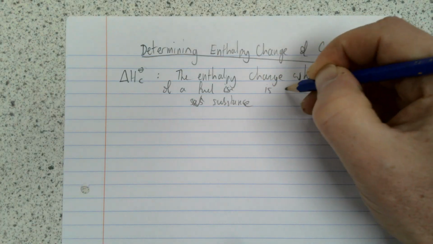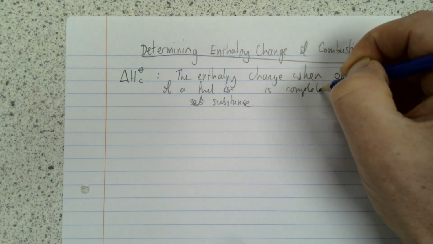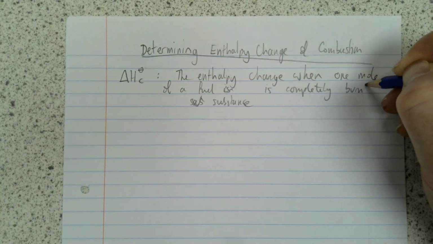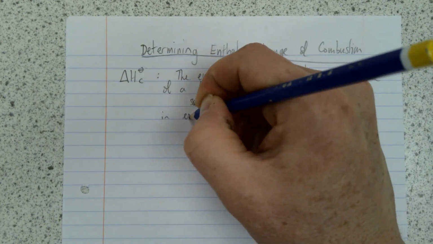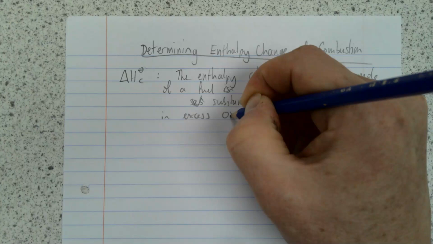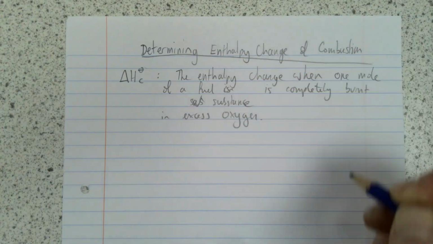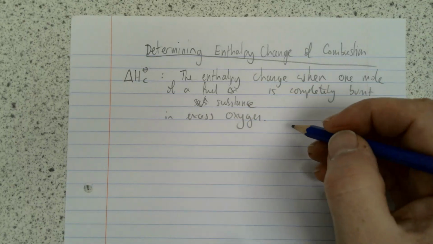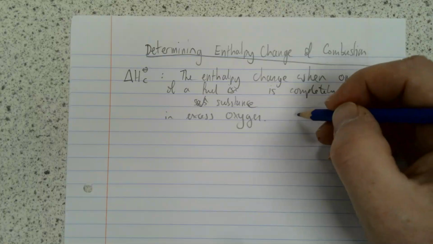is completely burnt in excess oxygen, right? So the excess oxygen bit is clearly evidence we want to talk about the fact that this is a complete combustion process going on.